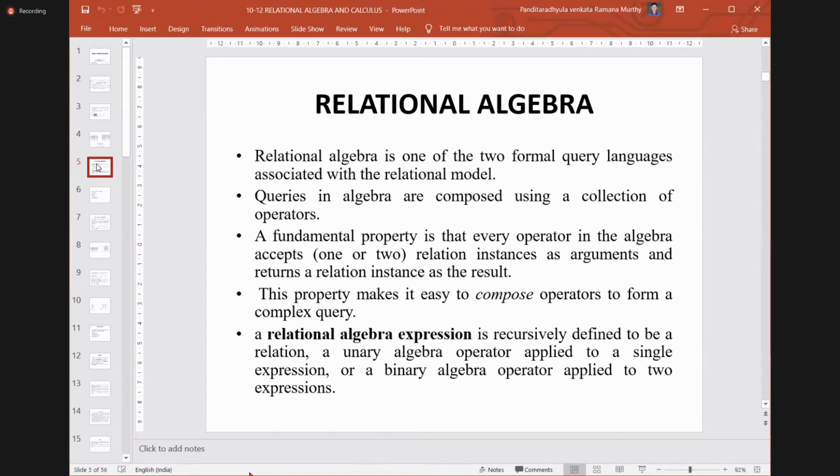One relational operator may involve another relational operator. A unary operator applies to a single expression, a binary operator applies to two expressions. Clear?